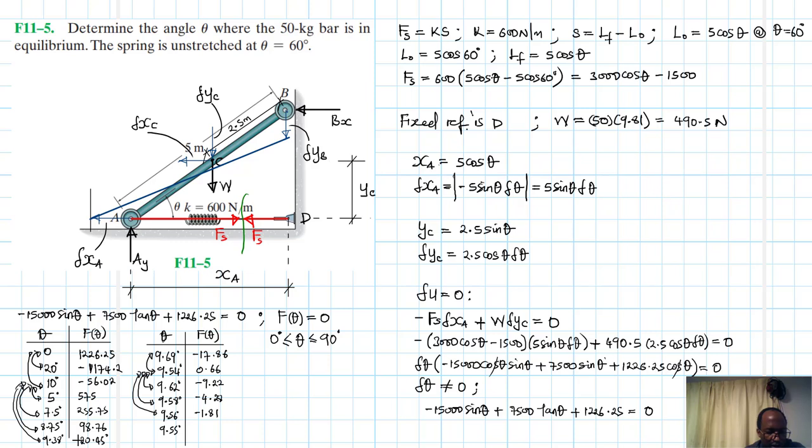That's minus 15,000 sine 9.55 plus 7,500 tan 9.55 plus 1226.25. So this gives us a minus 0.57. Alright, so the solution is somewhere between 9.54 and 9.55.